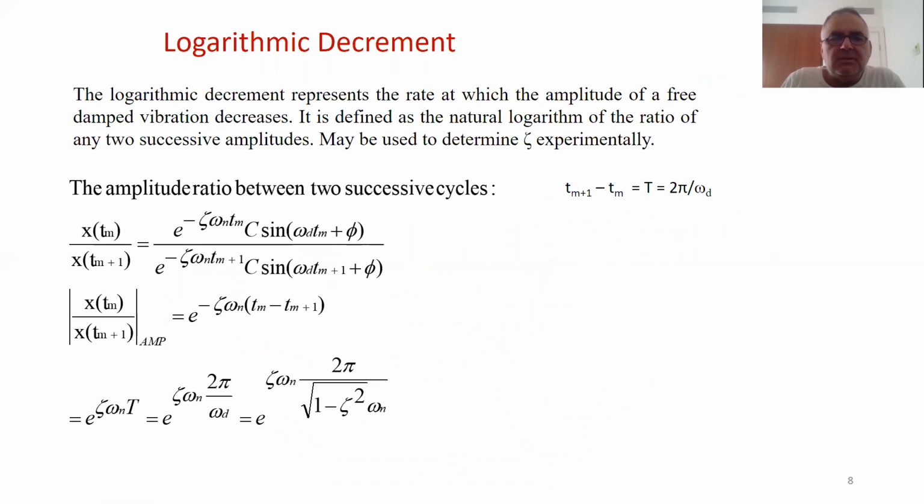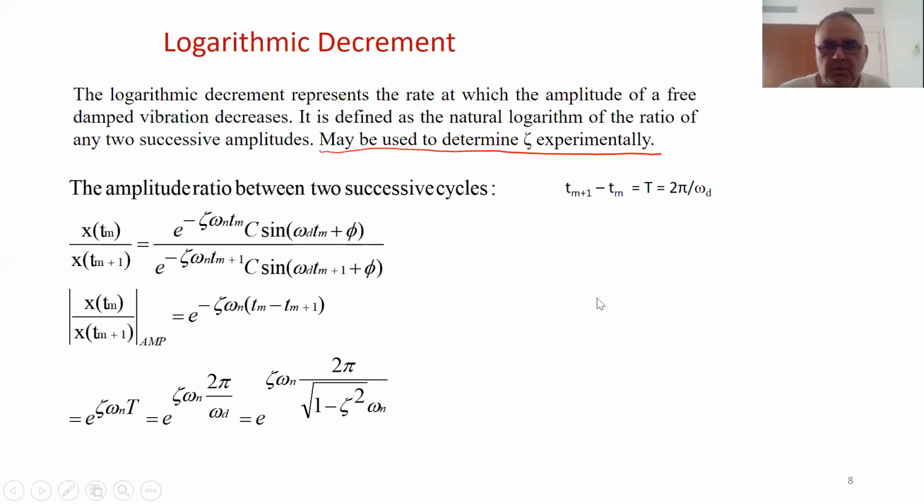It is especially useful in order to determine the damping ratio experimentally. If you have a system in which you want to find the damping ratio, you might do an experiment on that system and determine zeta using the concept of logarithmic decrement.